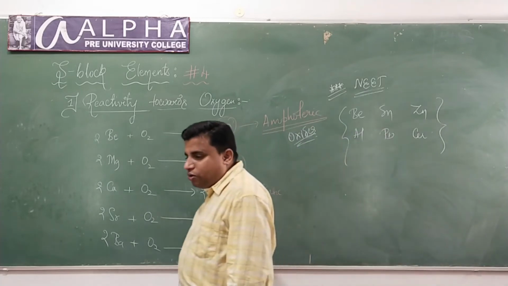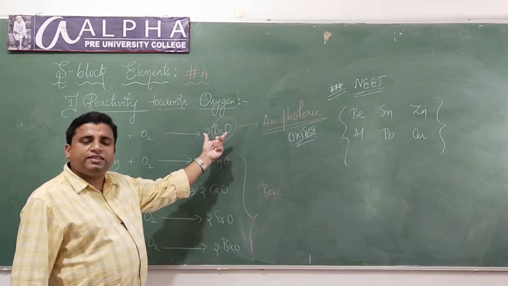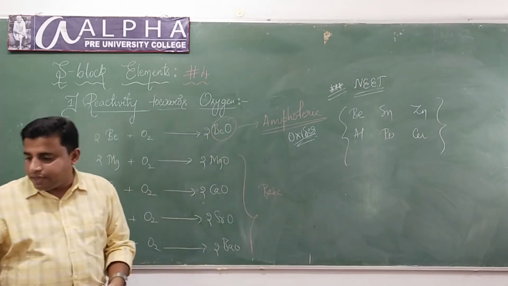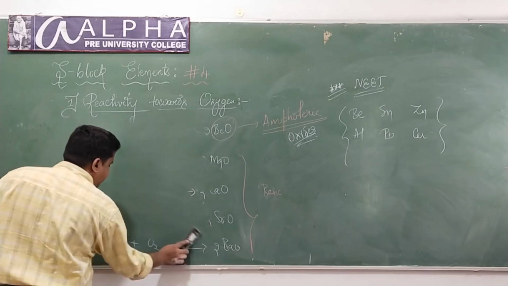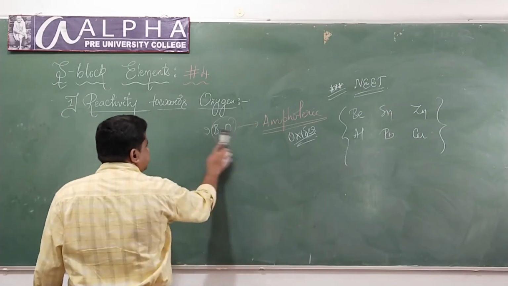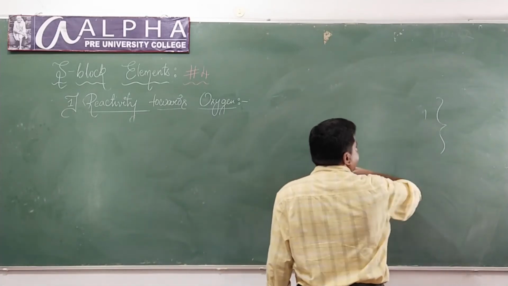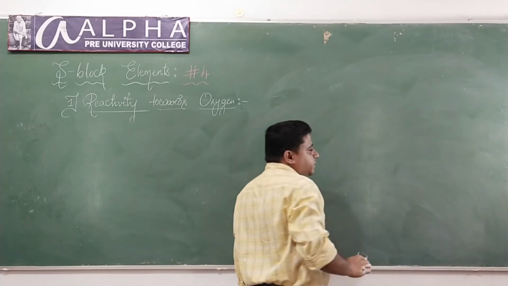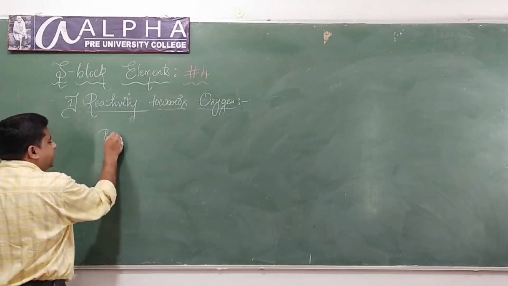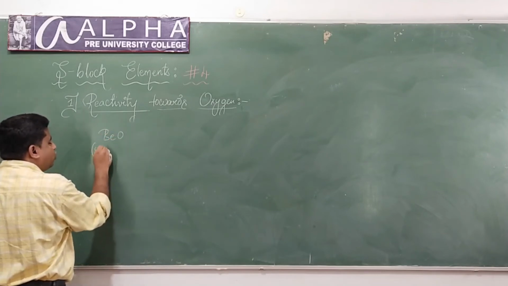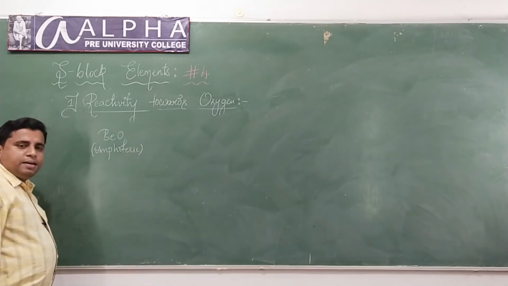Now I'm going to write the reactions of these oxides with acids, and the reaction of beryllium oxide with acid as well as base. Look here. I have beryllium oxide, which is amphoteric in nature, isn't it? It reacts both with acid as well as base.